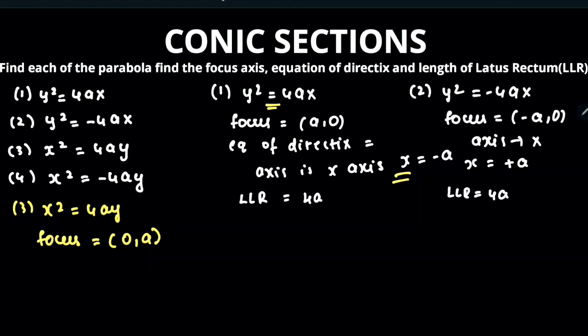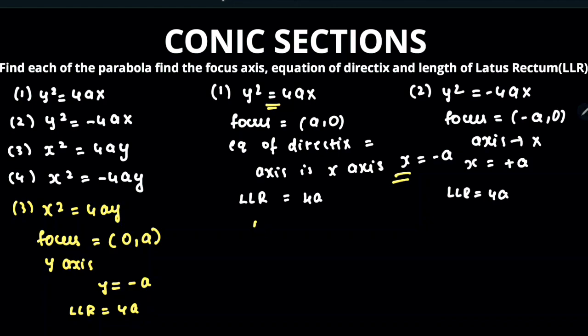Here, as it is x square is equal to 4ay, then focus is equal to 0 comma a. Can you guess what is the axis? I told you before, it is y-axis. If x square is given, then y. If y square is given, then x-axis. It's very simple. And then y is equal to minus a. So here it is plus 4a by, then y becomes minus a. And latus rectum will be same, 4a. Understood the difference between these four?